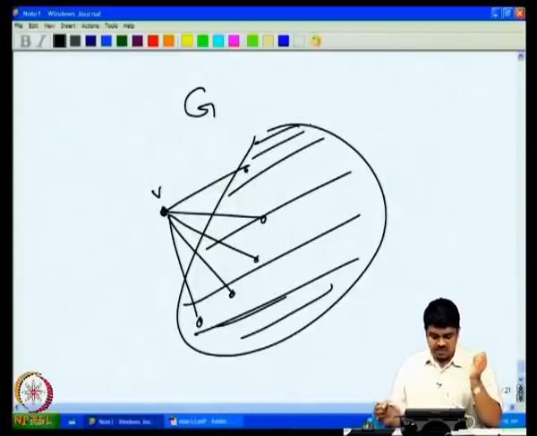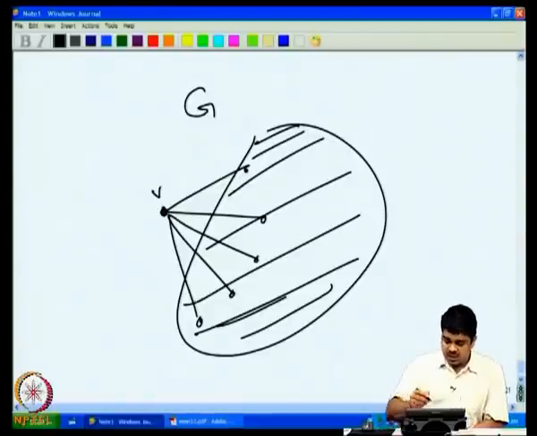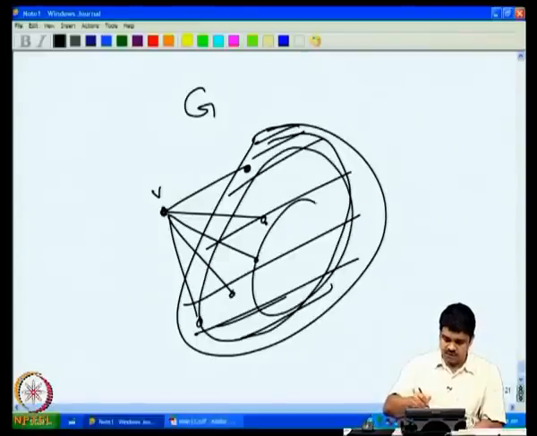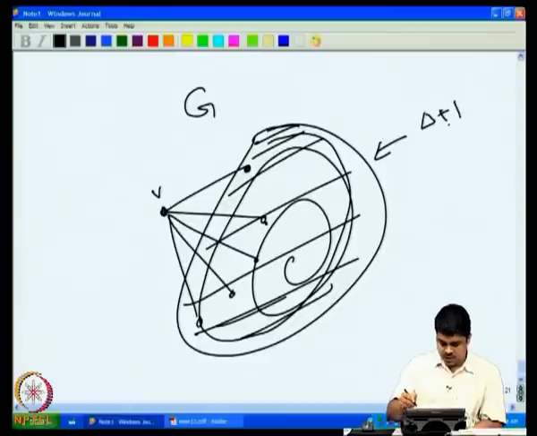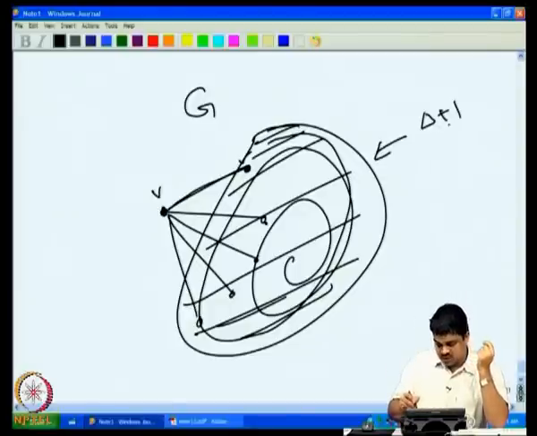Now if this is a complete graph, you can see that all these vertices here will have the same degree in the complete graph. So now we have delta plus 1 coloring for this, right. Now you can see that because this vertex is connected to this, the degree will have to go one more. So essentially it's a delta coloring for this thing, right.